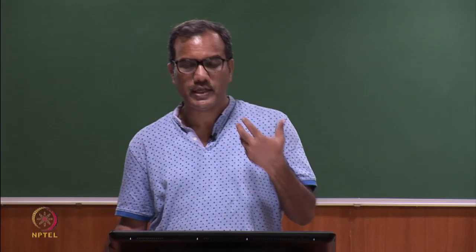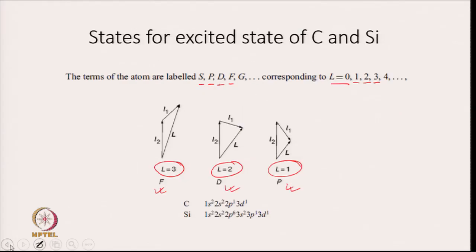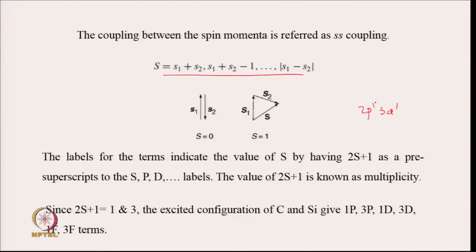Now, let us see SS coupling. Again S will be from S1 plus S2 to S1 minus S2. If we take 2 electrons, the 2p1 3d1 system, S is going to be half for one electron and half for the other electron.